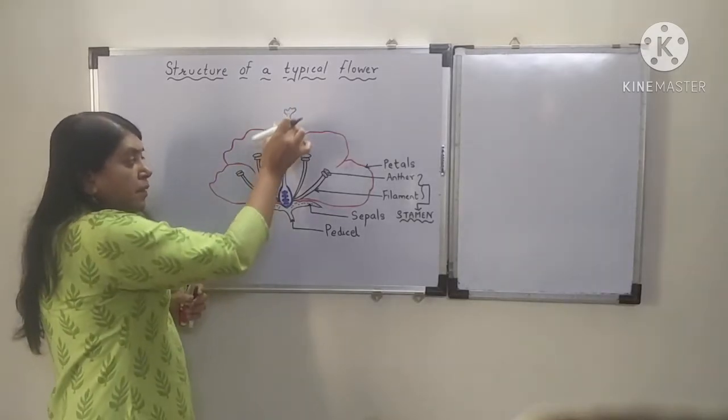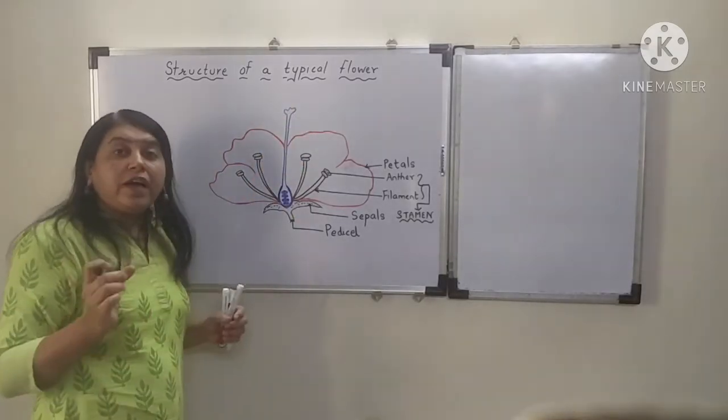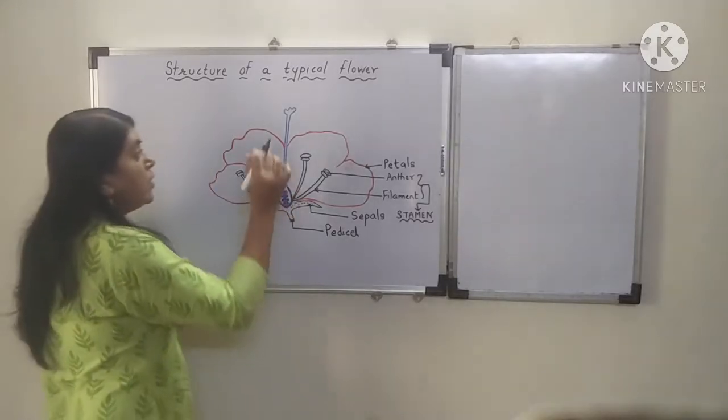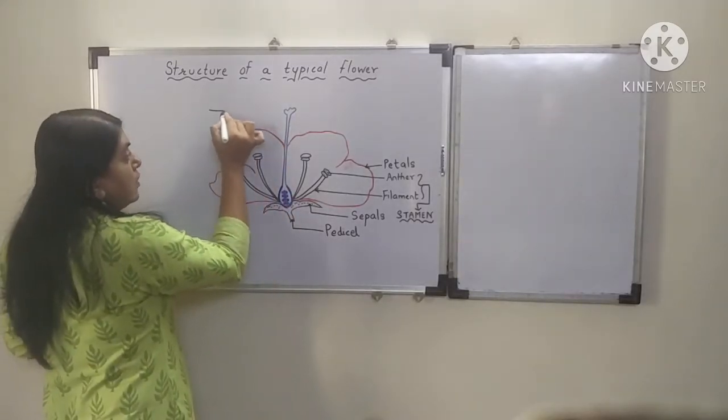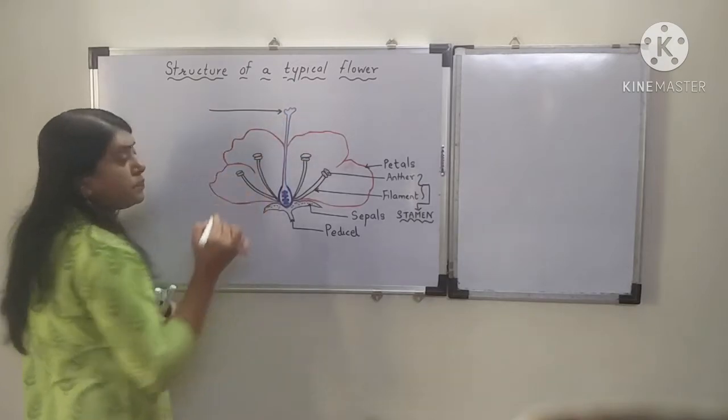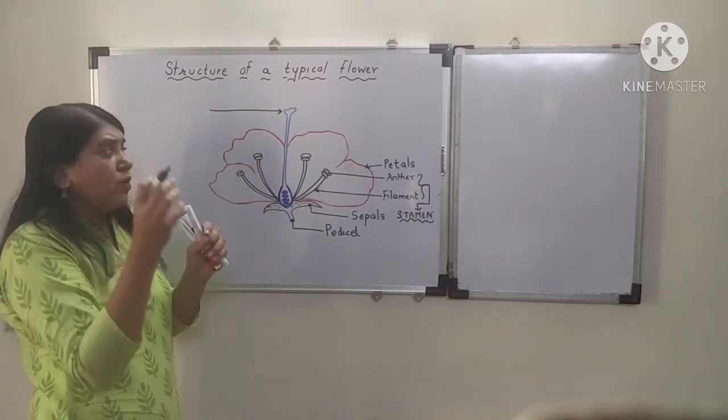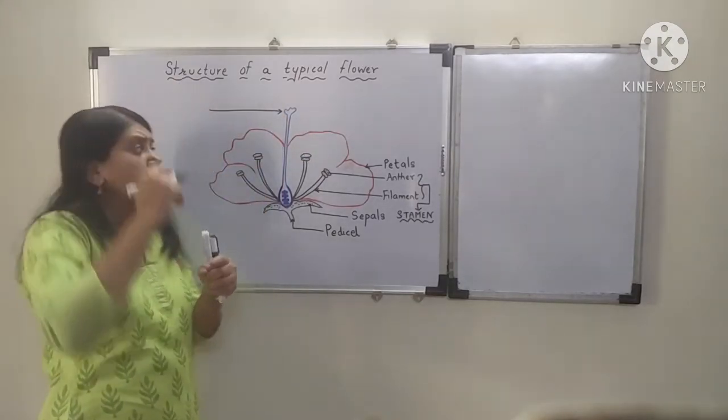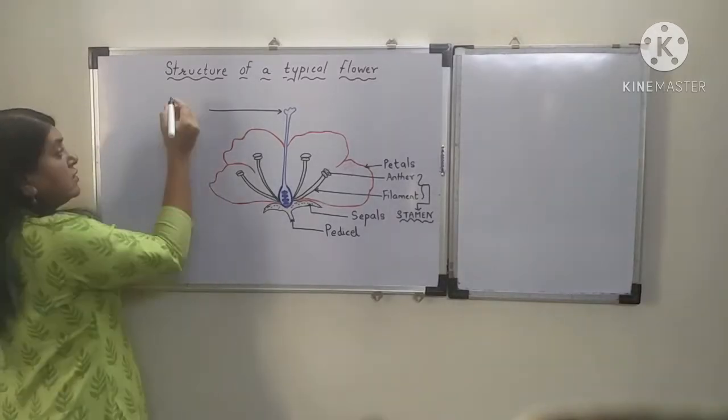Now, we will label the central part of the flower which I have drawn in blue color. So, the upper part of the flower, the bulb which we have drawn, the uppermost part, is called the stigma.